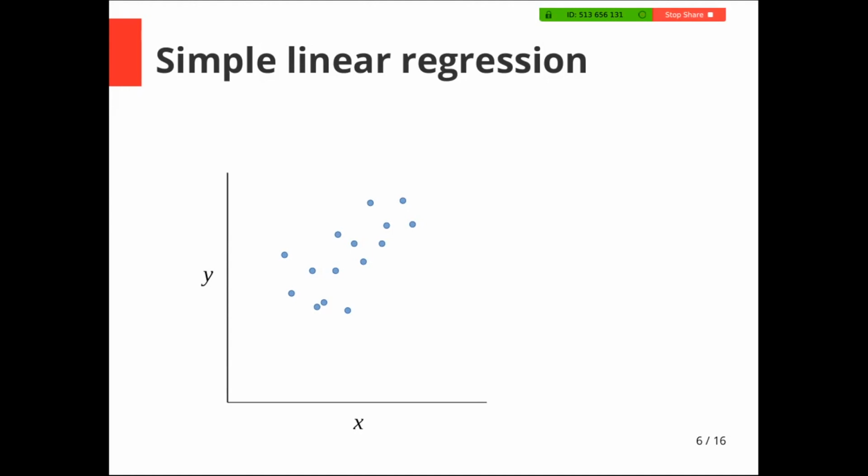If we can put a line there, it gives an idea that those two variables are linearly related. So the line can fit the data points, and that would be our linear model.